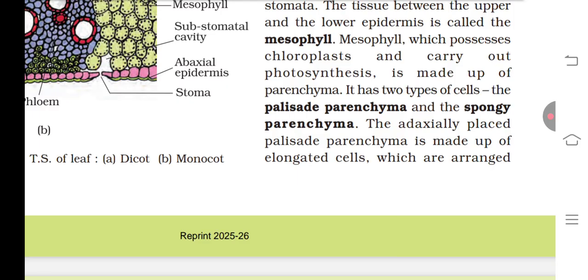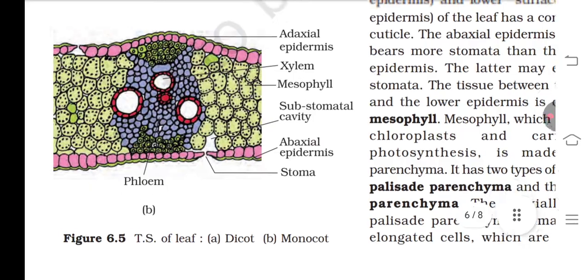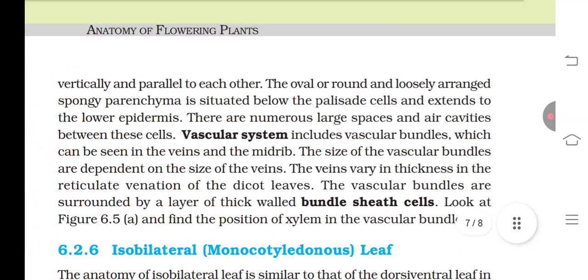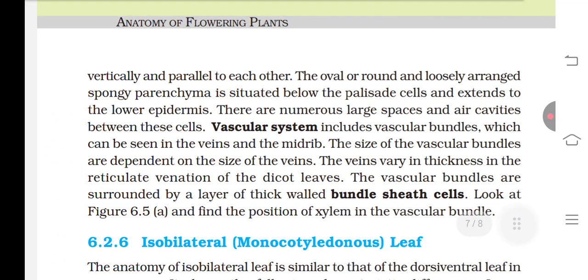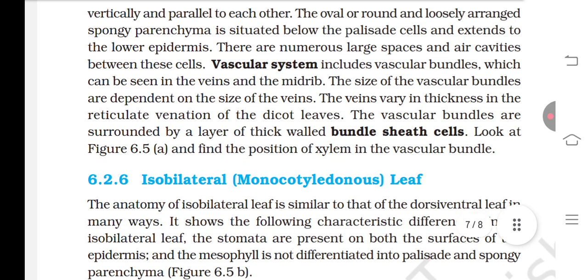The adaxially placed palisade parenchyma is made up of elongated cells, which are arranged vertically, parallel to each other. The oval or round and loosely arranged spongy parenchyma is situated below the palisade cells and extends to the lower epidermis. There are numerous large spaces and air cavities between these cells.